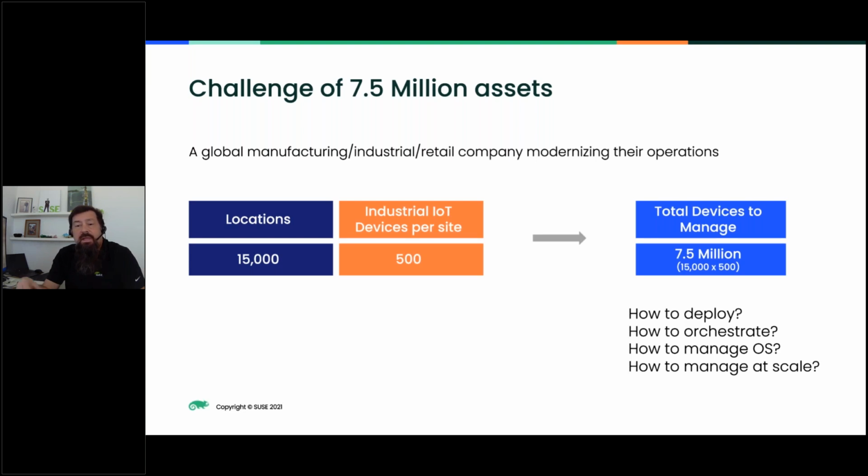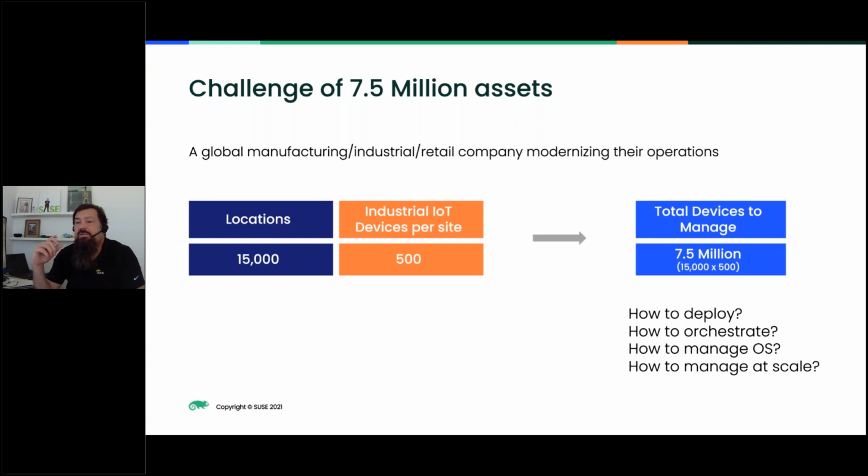Because from simple math, if I had 15,000 locations, you look at a lot of our retail organizations, things of that nature, you can easily get to 15,000 locations and devices per site. When you start looking at what you can do from that IoT perspective, these devices could be as simple as thermometers, as simple as counters, things of that nature.